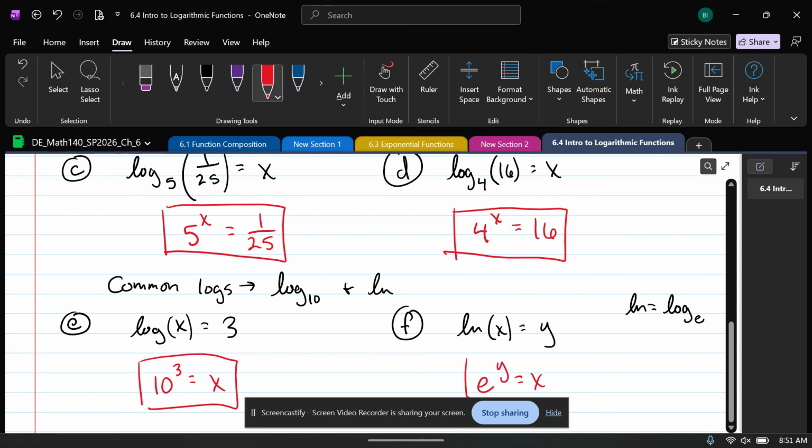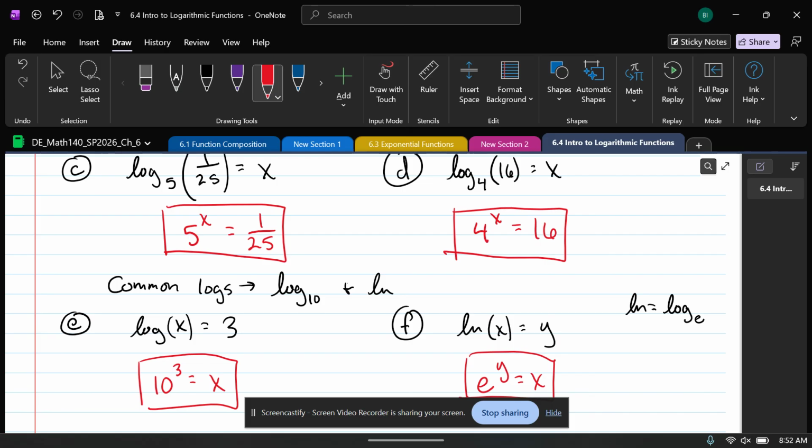Yeah, very good. e to the y equals x. Not too often are you going to see them write log base e. They're going to use ln most of the time. I have seen a few textbooks that put a log base e in there just to make it look weird. But ln is the same thing as log base e.